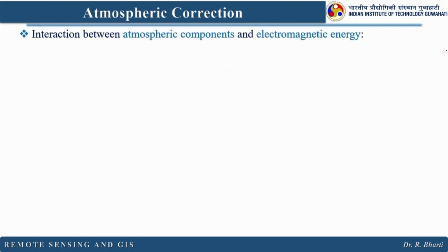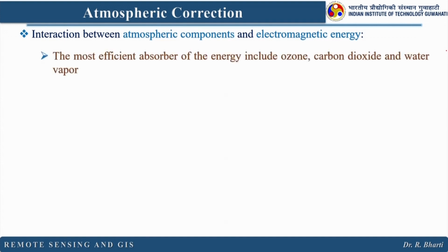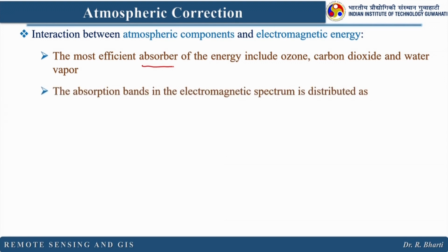Now, the interaction between atmospheric components and electromagnetic energy. The most efficient absorbers of energy include ozone, carbon dioxide and water vapor. These three are the most efficient absorbers. The absorption bands in the electromagnetic spectrum are distributed as follows.